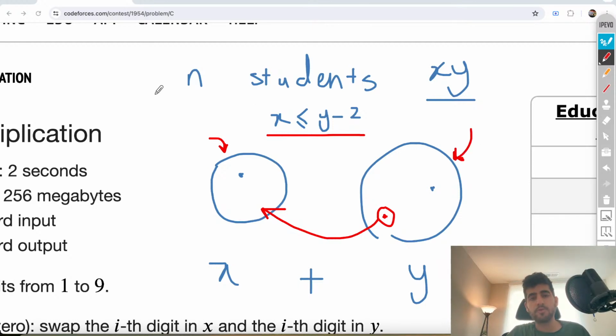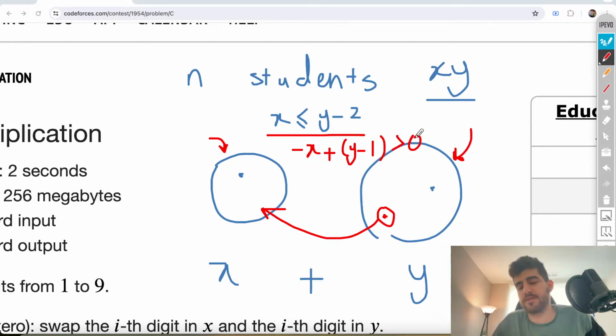And it is more, because he is not going to hate x people anymore, but instead he is going to hate y minus 1 people. Since x is less than y minus 1, this is a positive number. So we increase the number of pairs who hate each other.